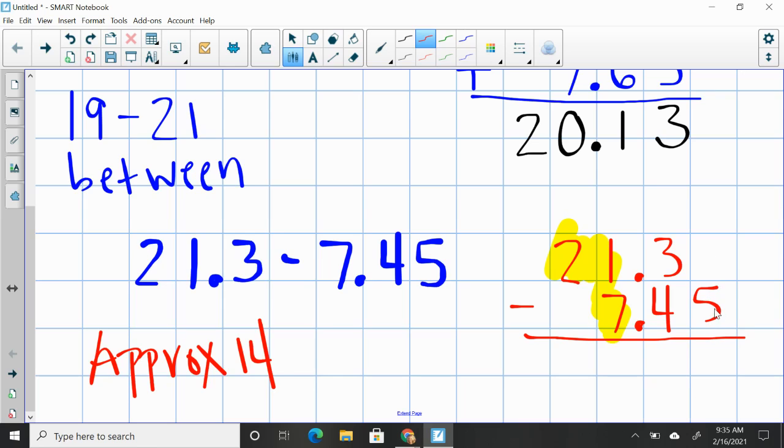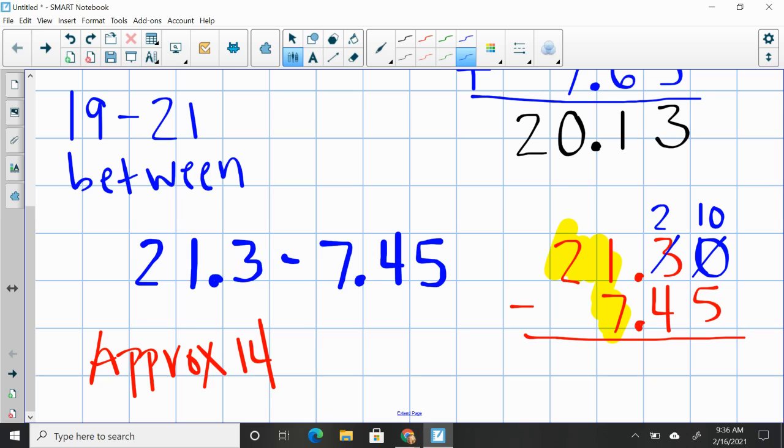I cannot take 5 hundredths if I don't have any hundredths to take away from. So I need to get some more hundredths over there, and I get them from the tenths place. So I'm going to take a tenth and trade it in for 10. Whoops, I should have done this first. I should have made this a 0. Okay. I took a tenth and I'm going to replace that with 10 hundredths. So that becomes 10.